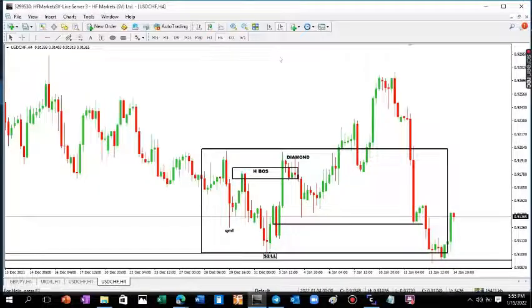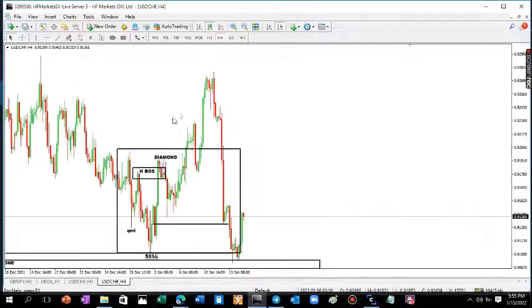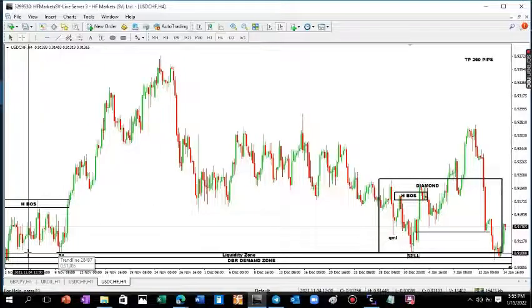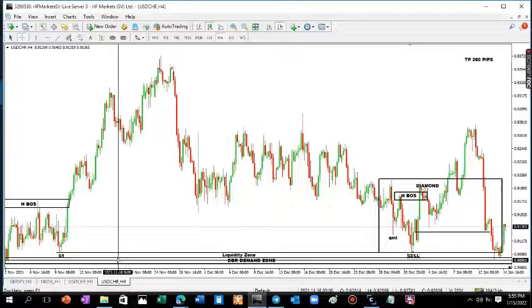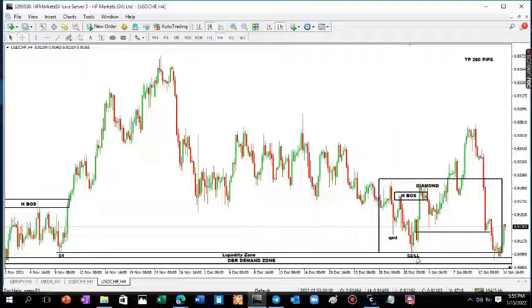Okay, so why didn't this QM work? The reason is that if you look closely right here, you realize this resistance had a contact here and almost another one here. When you have multiple contacts like that, it tells us that it's more likely to be used as a stop hunt.